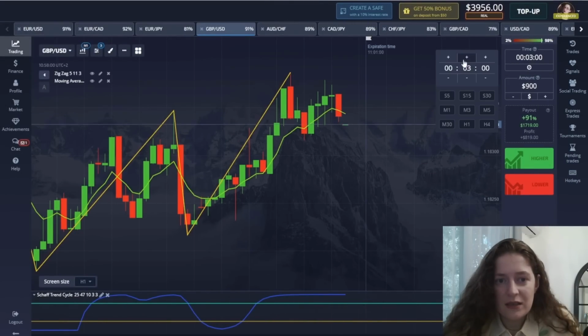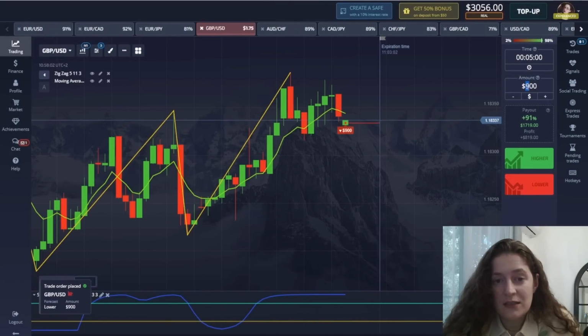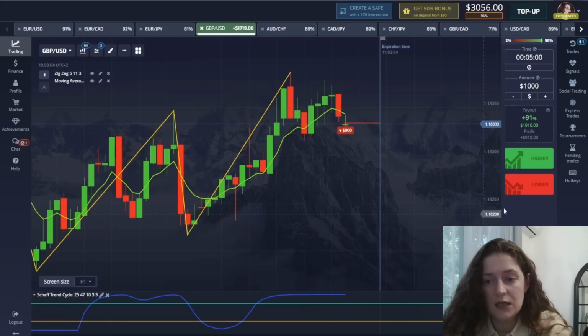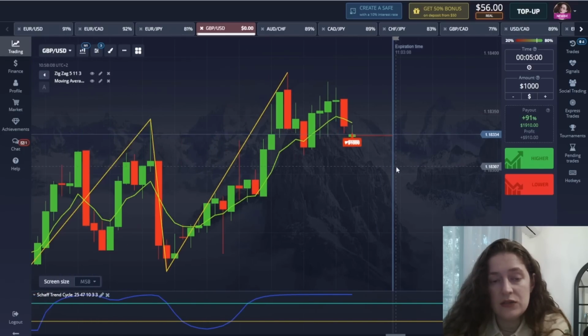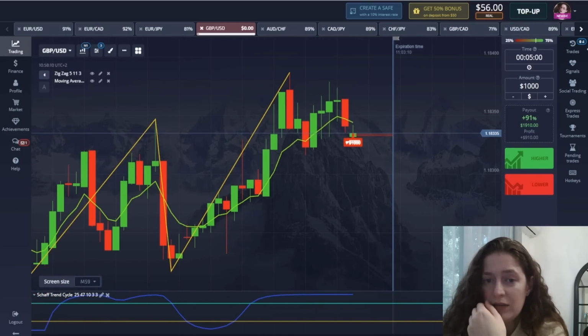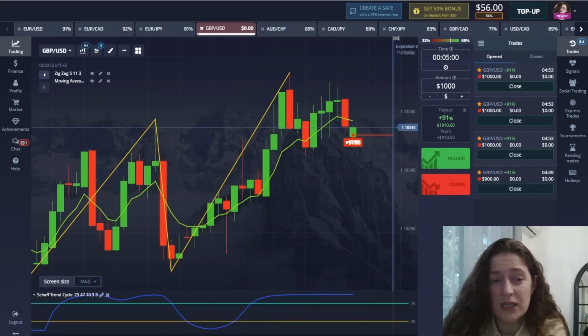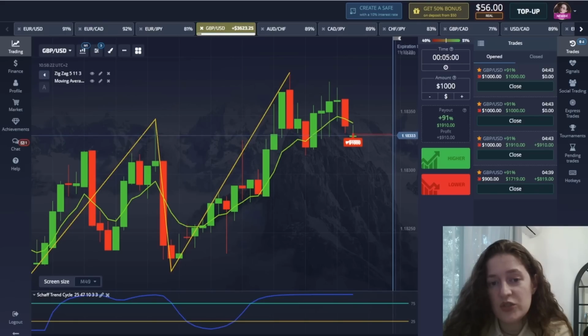So I think it's a quite good moment to enter a trade in the downward direction, but here I have to enter a trade on 5-minute time interval, since the trend is relatively up and it may take time for the candles to start moving down. This is when I use the 5-minute time interval to trade.